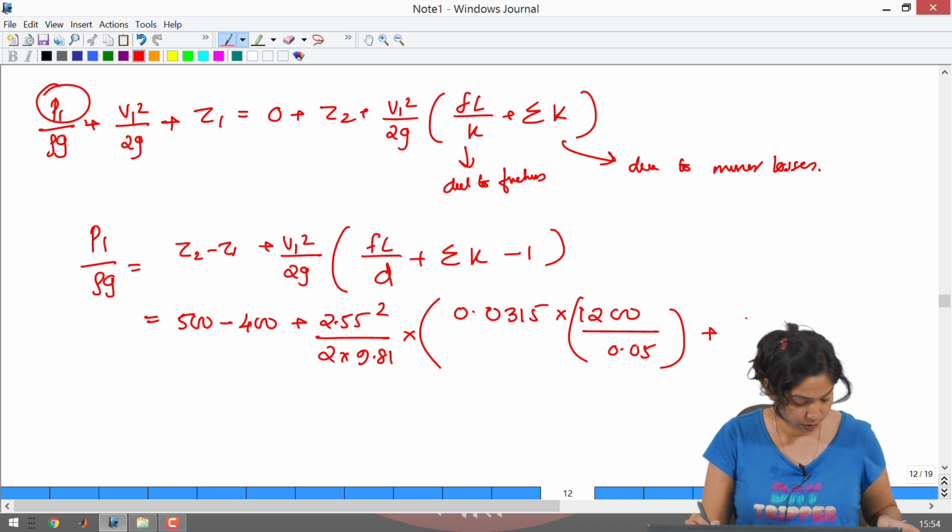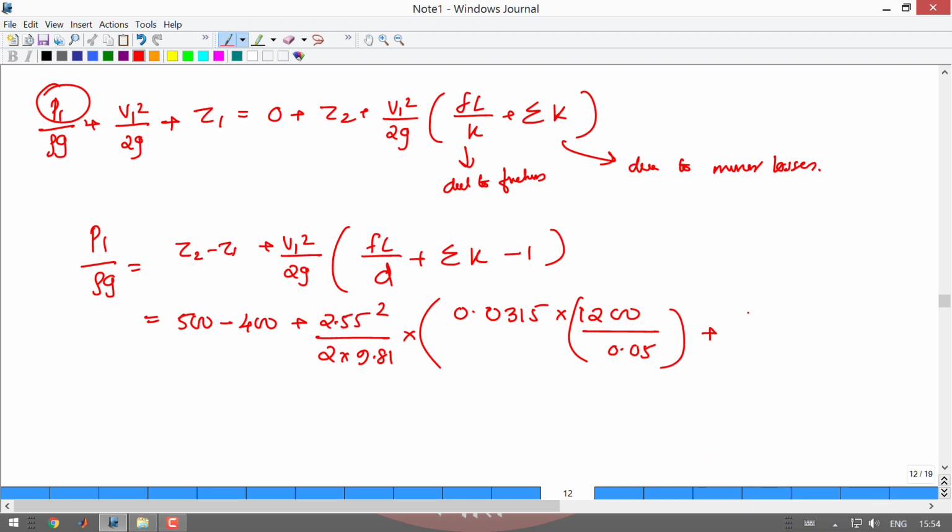Here we have two 45 degree elbows, four 90 degree elbows, one open flanged globe valve, one submerged exit, and one sharp entrance.